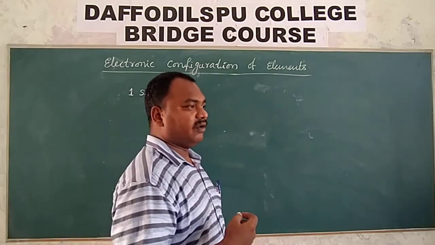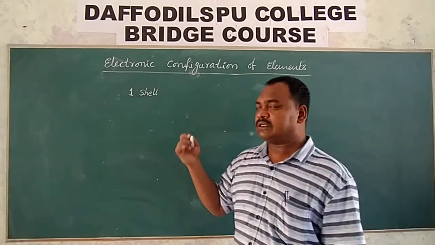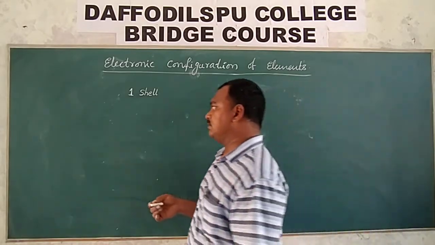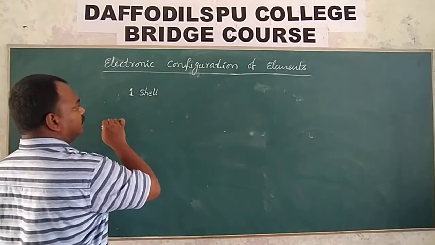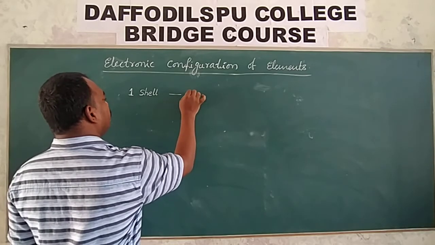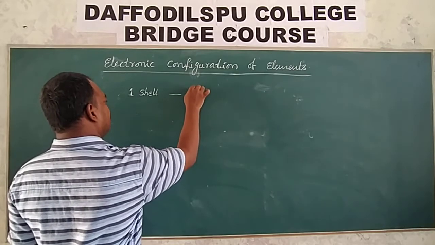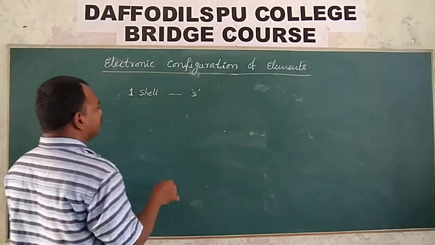For that, I am going to write shells, sub-energy levels and orbitals. First I am taking the first shell. This first shell contains only one sub-energy level and that sub-energy level is S.